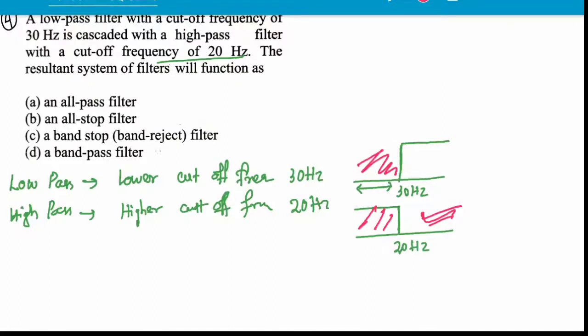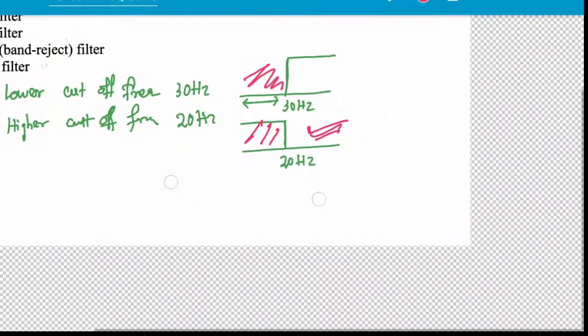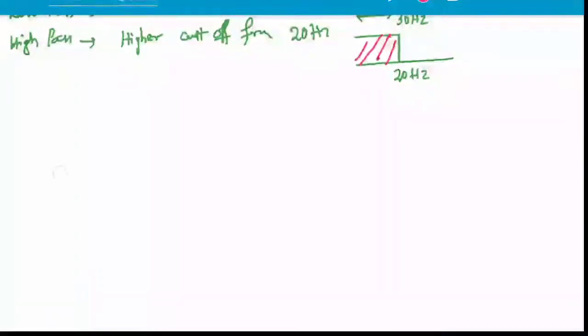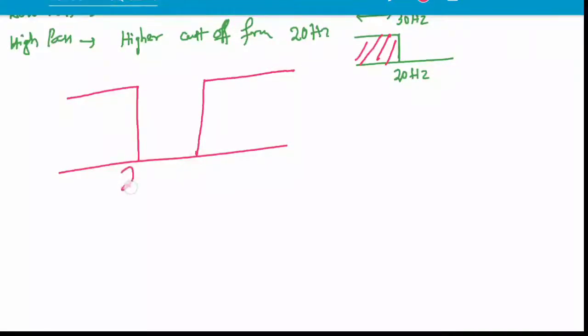So when both are cascaded, the resulting filter will block signals below 20 Hz and above 30 Hz. Suppose this one is blockage and this one is also blockage. If both are cascaded, then what will be? This will be like this: 20 Hz to 30 Hz.